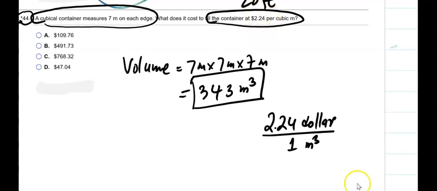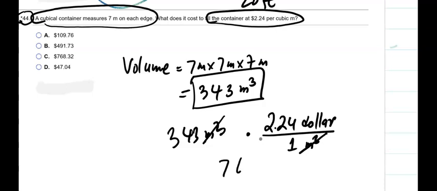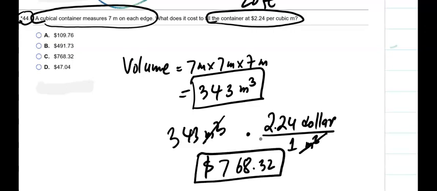So I put that as a fraction, $2.24 per 1 cubic meter times 343 cubic meter, which is what I'm going to fill. The cubic meter cancels, and if you do the multiplication, the cost is going to be $768.32, which is C. All right, that's all.